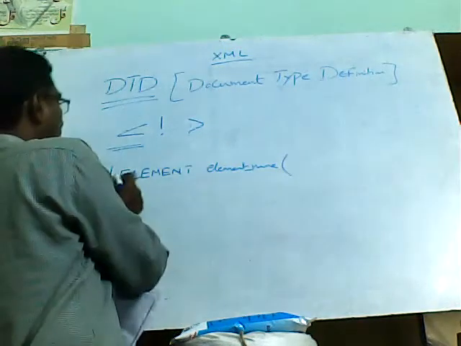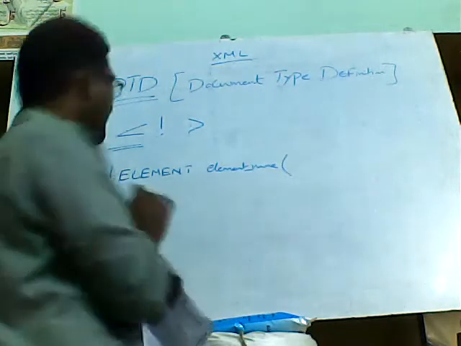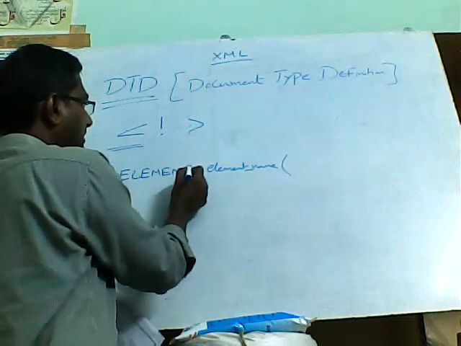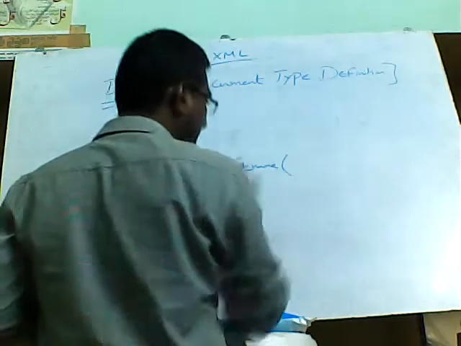But if you want to write a specific element, it is less than, exclamation mark, followed by ELEMENT in capital letters, followed by the element name.